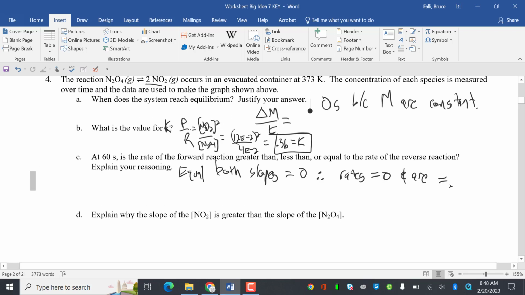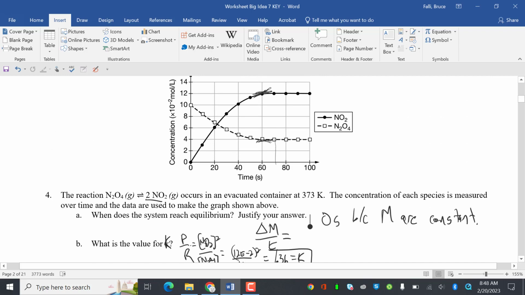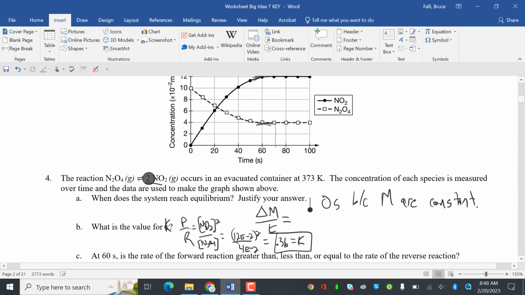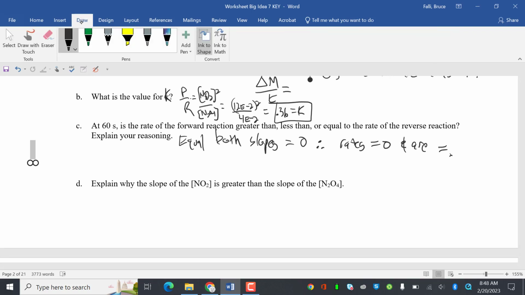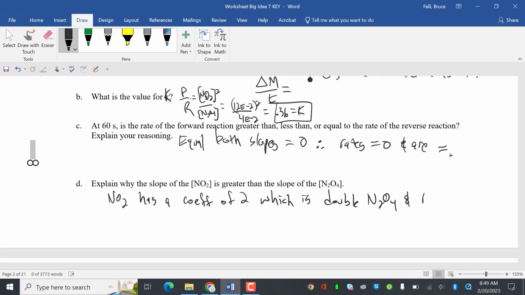Why is the slope of NO2 greater than the slope of N2O4? On each of these, NO2 has a coefficient of 2, which is double N2O4 and makes NO2 2 times the slope.